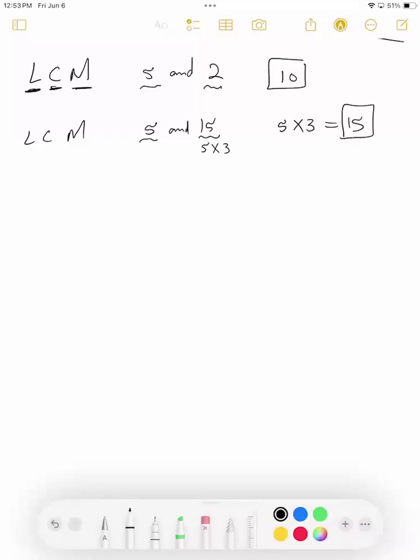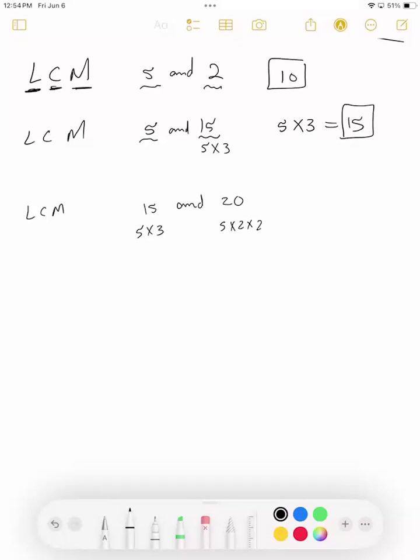Let me find another number such as 15 and 20. So how do I find that? 15 is made out of 5 and 3. 20 is 5 times 2 times 2.